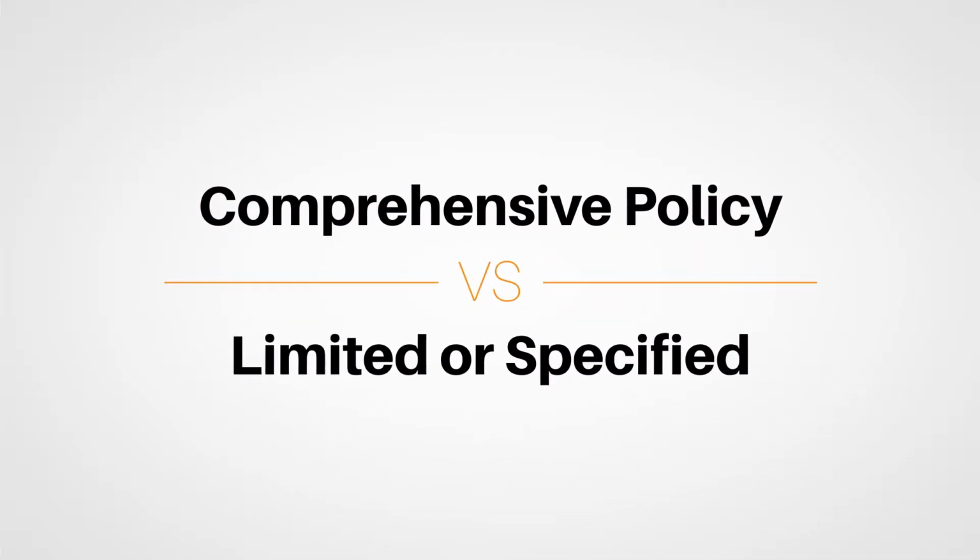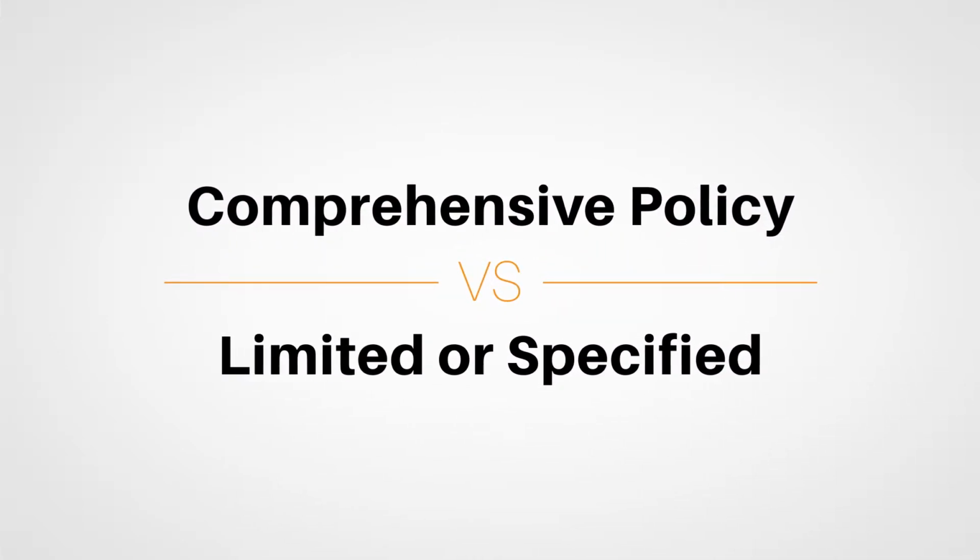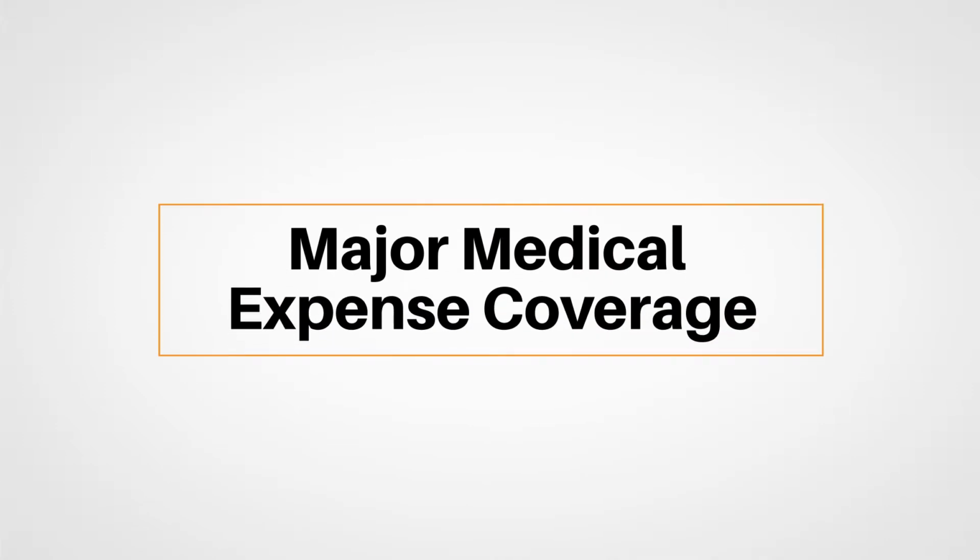We'll compare coverage in a comprehensive policy to a limited or specified coverage policy, and you'll see there are huge differences in protection. We'll look at issues related to major medical expense coverage. Traditionally, major medical has been at the forefront of comprehensive medical insurance.